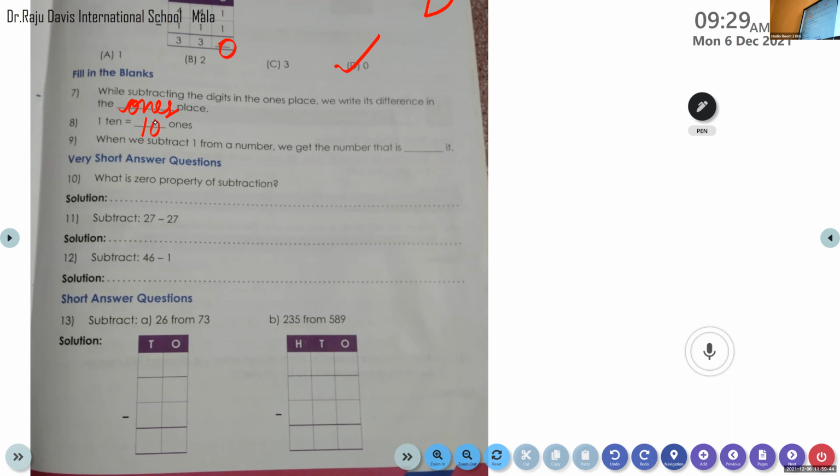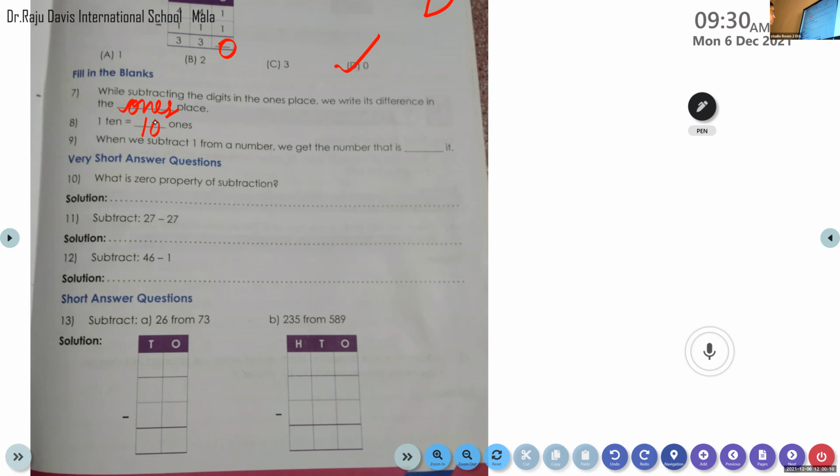Then the next question. Ahyan, unmute and tell me the answer. 9th question. Yes, ma'am. Question number 9. When we subtract 1 from a number, we get the number that is dash it. So, what will be the answer?